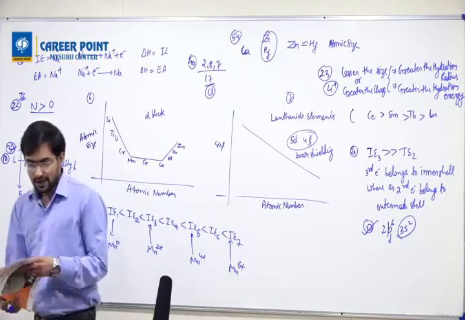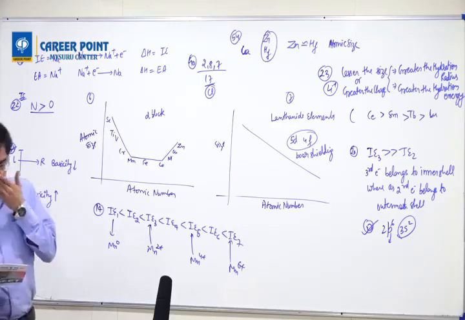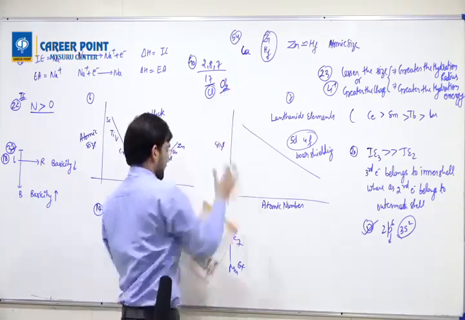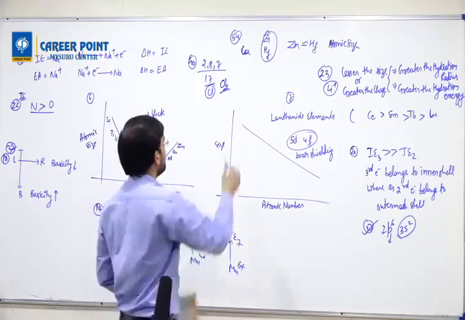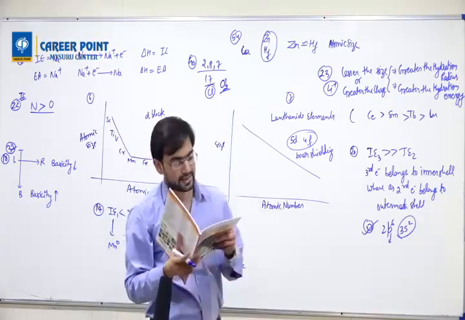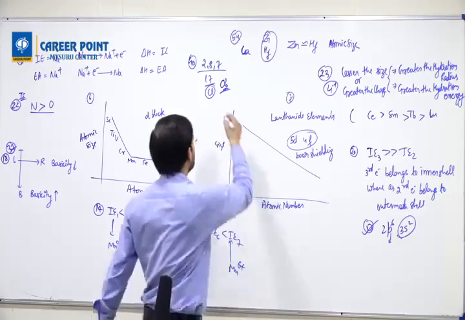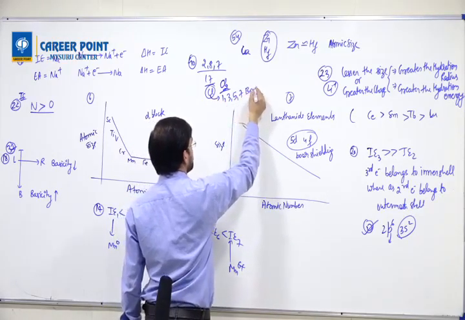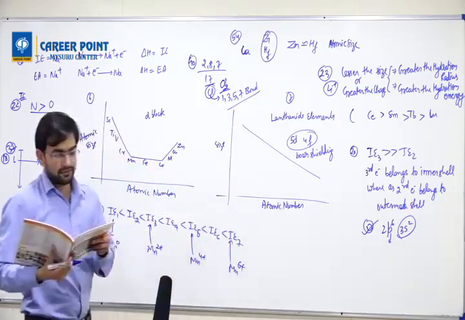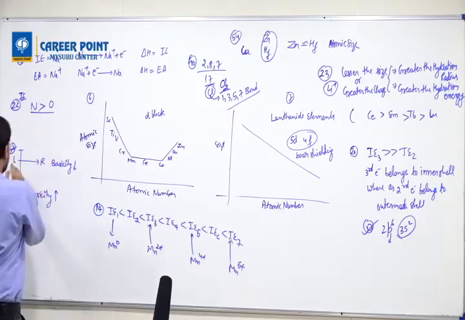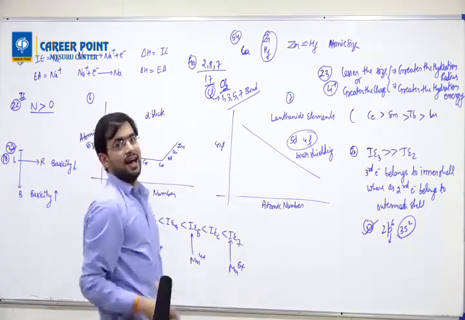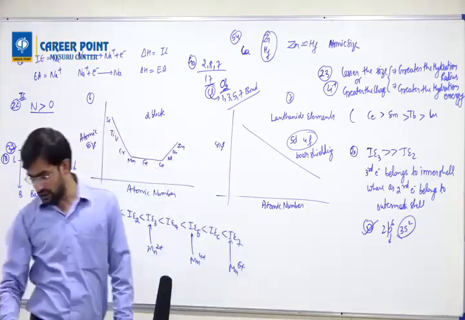Chlorine forms a diatomic molecule, correct, because it forms Cl2. Next, it is a non-metal. Yes, chlorine is a non-metal. Next, its valency is 7. Yes, it can form 1, 3, 5, 7 bonds. It forms a basic oxide? No. Left to right, basicity of oxide decreases. So it forms an acidic oxide. So D is the correct option.